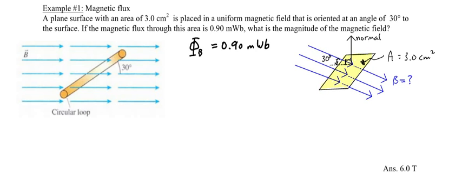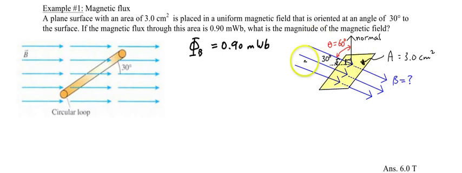The first thing that you should recognize, and which is a common mistake, is that the angle theta is not 30 degrees. The angle theta is the angle between the magnetic field B and the normal or the axis to this plane. So theta in here is actually 90 minus 30 degrees, which is 60 degrees.